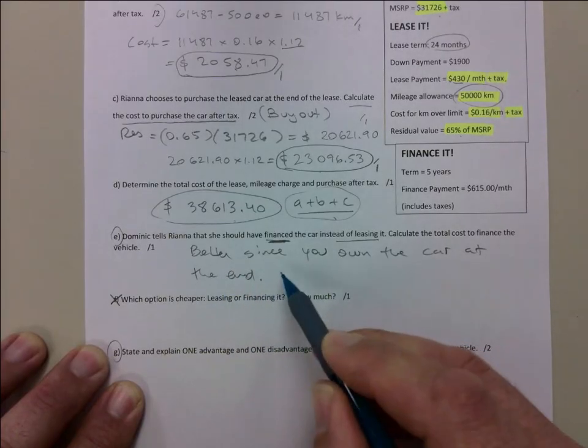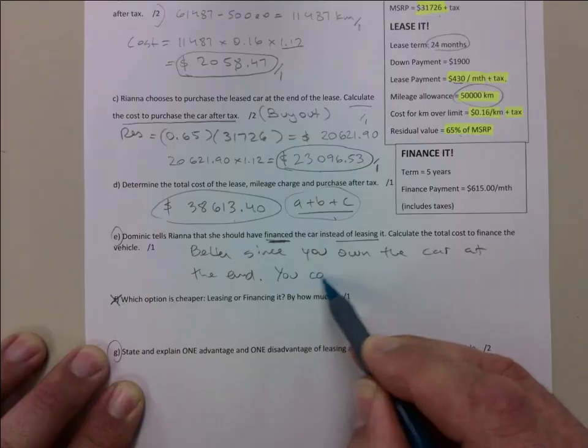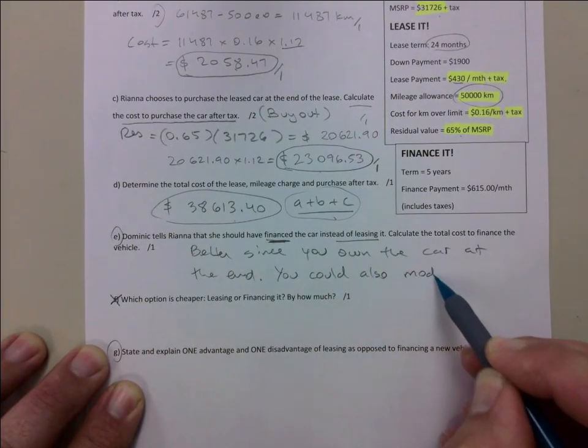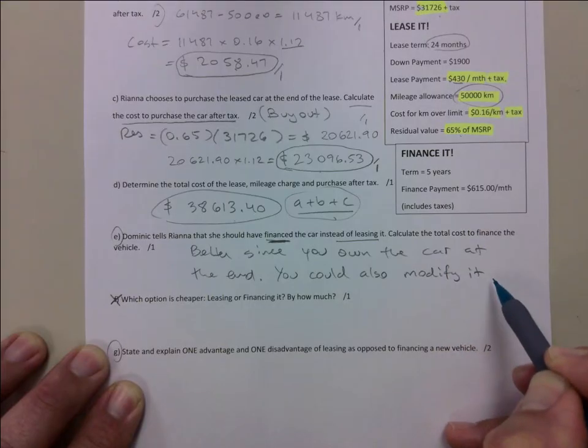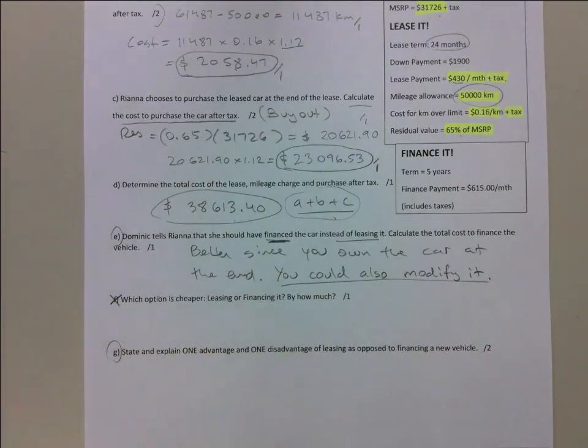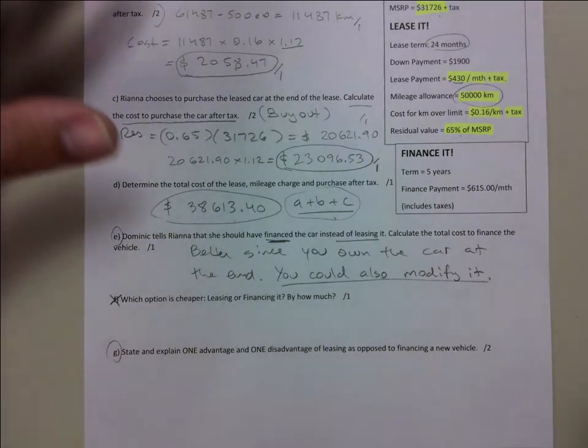You could also modify it. You can actually, the payments stop at some point. If you said that, that is a good one too. What is the other one? Oh, there's no mileage restrictions, right? That's why you should finance it. You don't have to worry about the limit on the kilometers. Anything like that would go here.